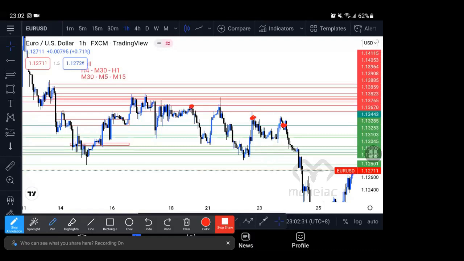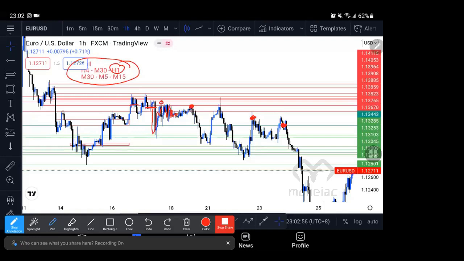I'm taking sell. So I'm just going to use this. What actually happened after the H1 break over here? The first time I look for entry is over here, but a few times it didn't break.